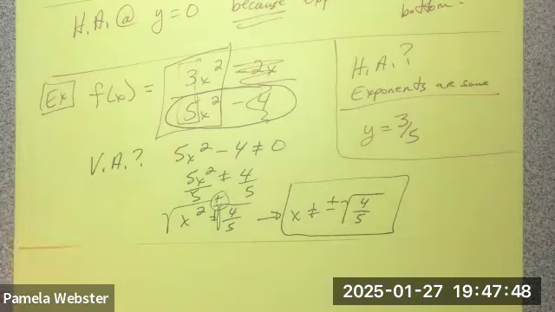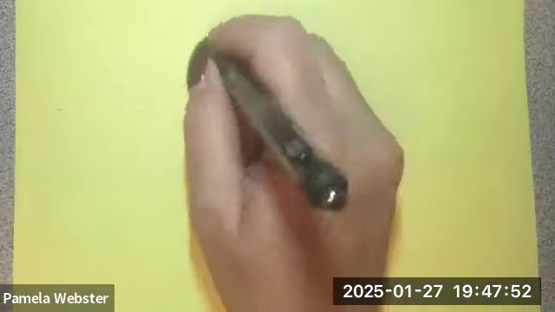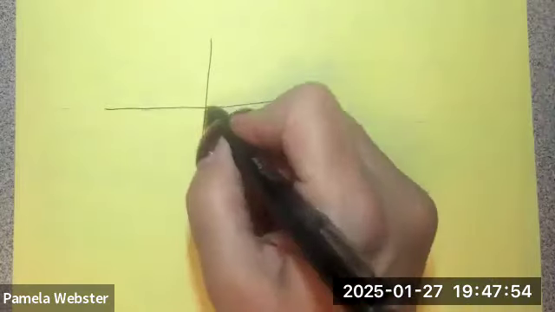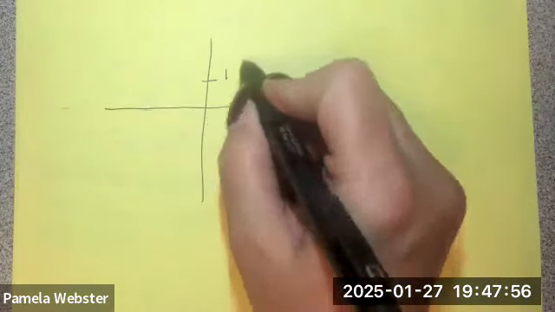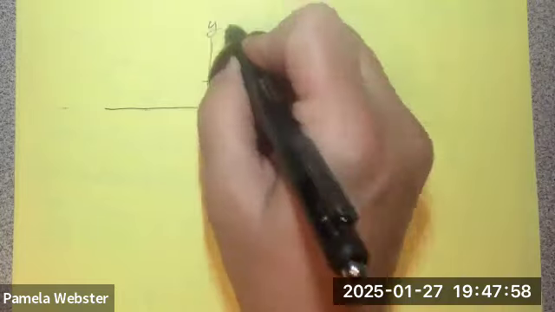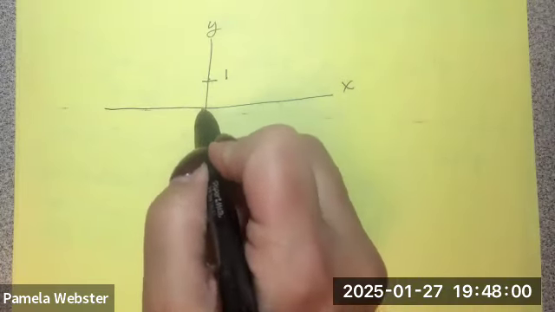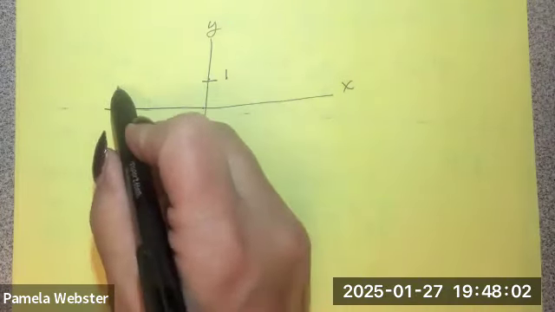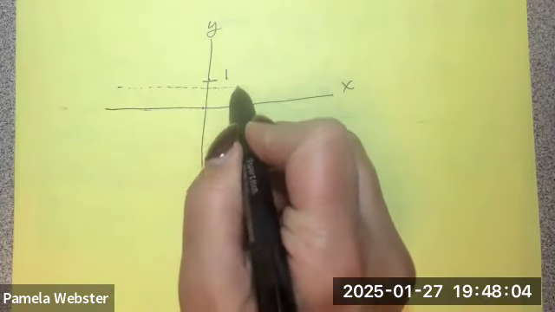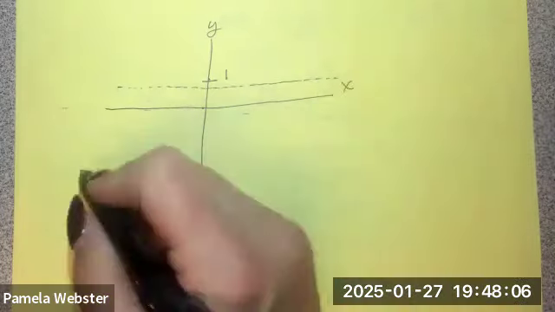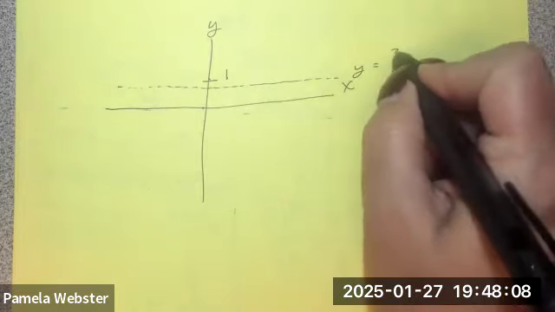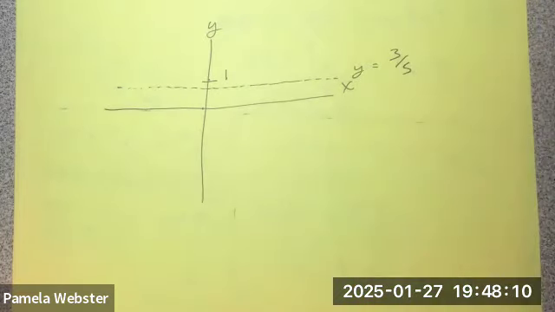So on a graph, that would be something like, let me show that real quickly. y equals 3/5. Well, if this is y equals 1 up here, this is y equals 0, then 3/5 is going to be somewhere in there, right? Okay, so that is the kind of thing you're going to do.